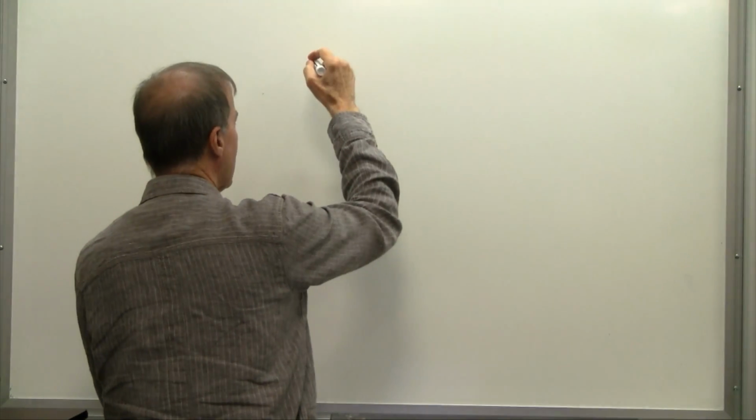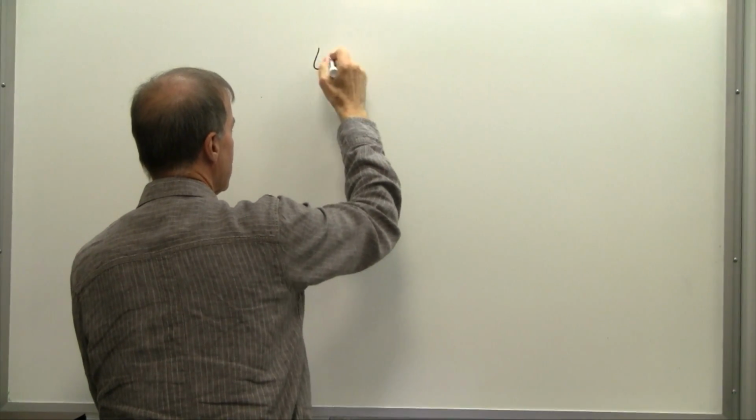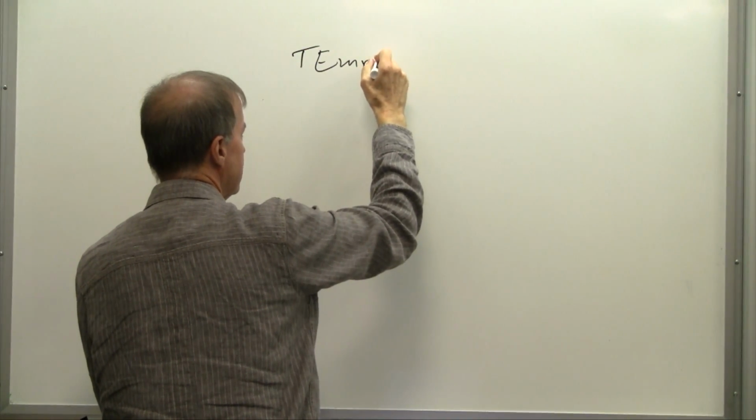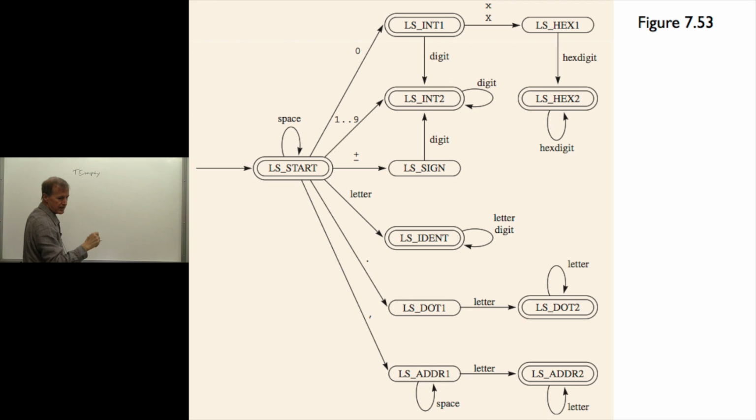So what are our tokens? Our tokens are empty. Let's just say T empty. And then if we wind up in ls int 1, what have we detected? 0, which is an integer. So we have a T integer.